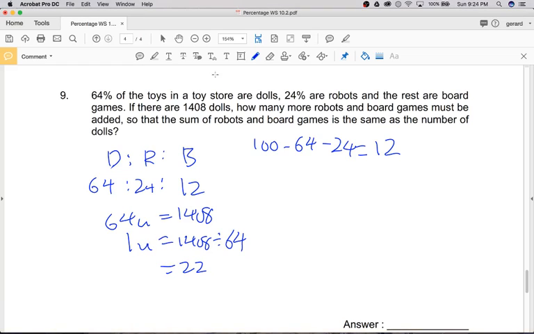Now you want to find the sum of the robots and board games, same as just now. 24 plus 12 is 36. So you just have to find what 36 units is. 36 times 22 equals 792.